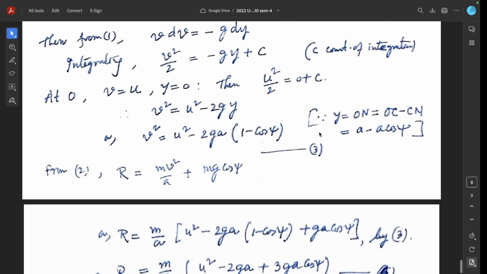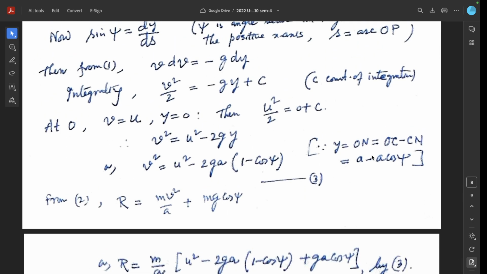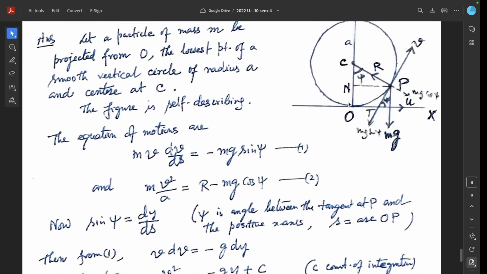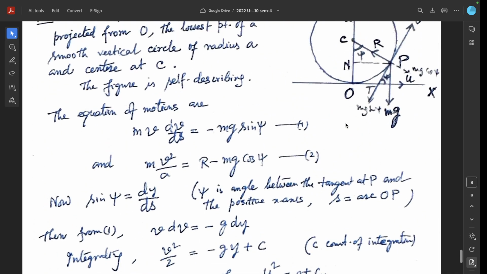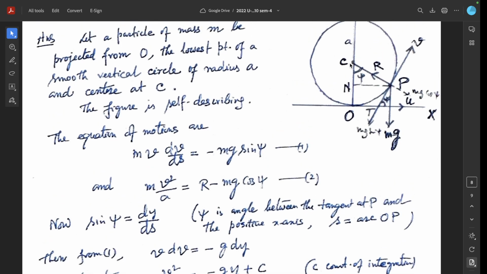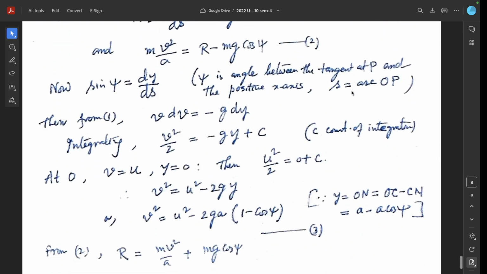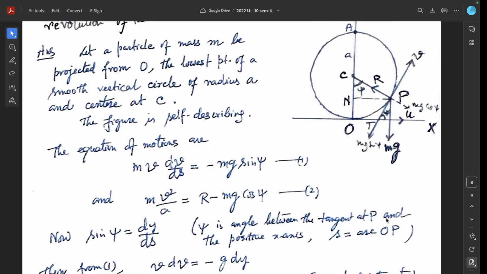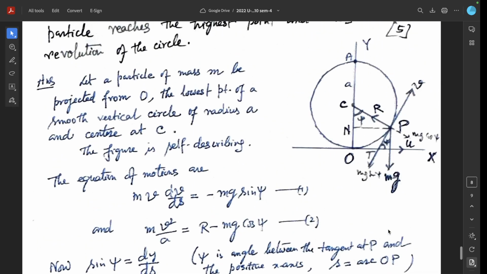Here y equals the distance ON, which equals OC minus CN. OC is the radius a, and CN is a cos psi, since this angle is psi and the radius is a.